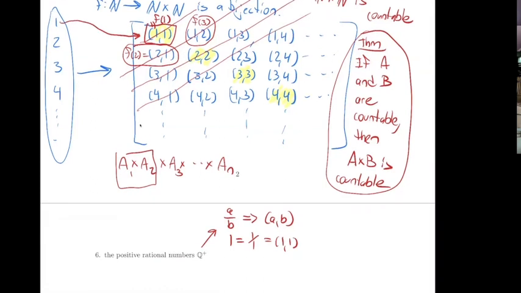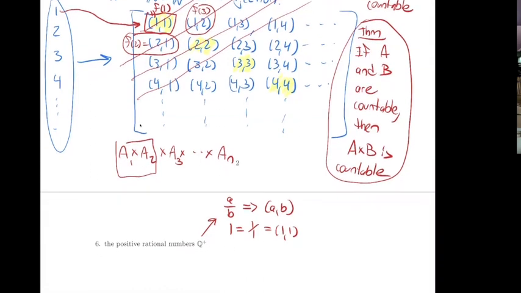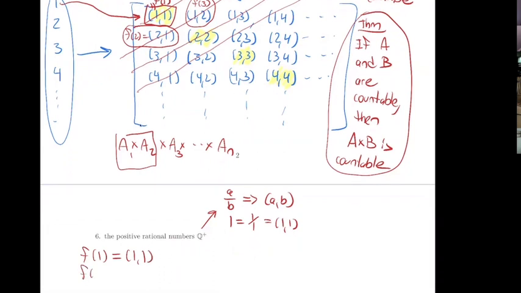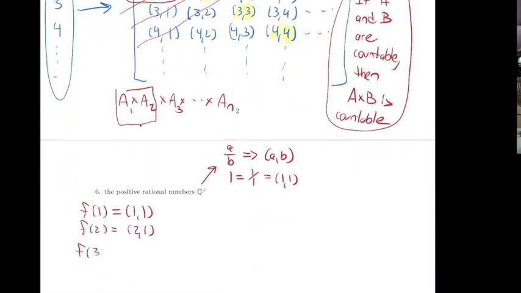So we can just define this map. Actually, Q plus is a smaller subset than the one that we had in 5. So I can just define this map now to say, well, we had f of 1, that went to 1, 1. We don't need to change that. And then I said f of 2, well, that goes to 2, 1. And that's fine. And we can keep on going. I said that f of 3 was equal to 1, 2.